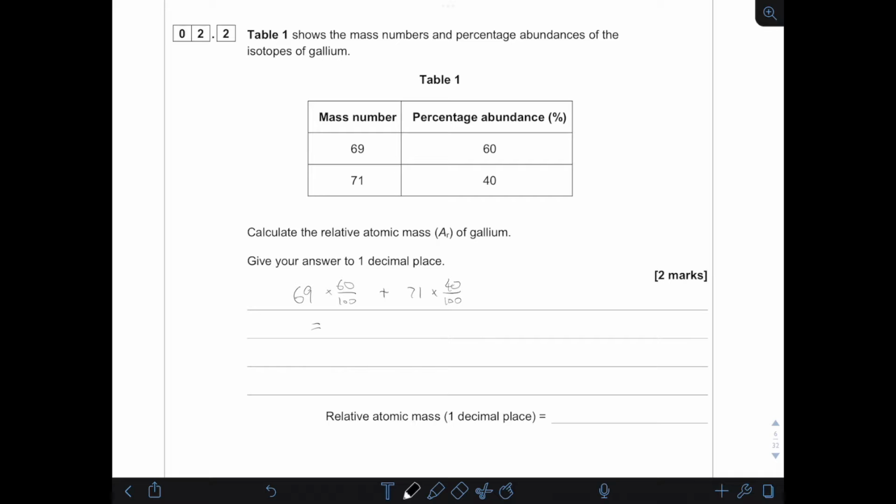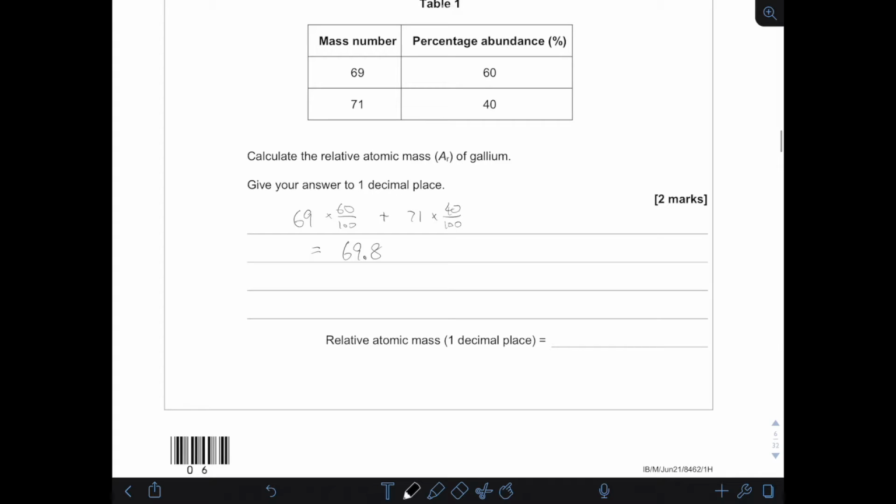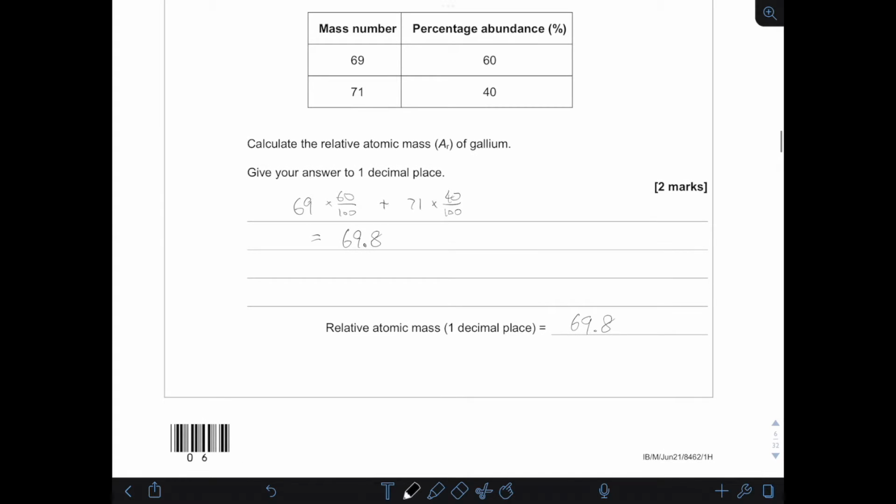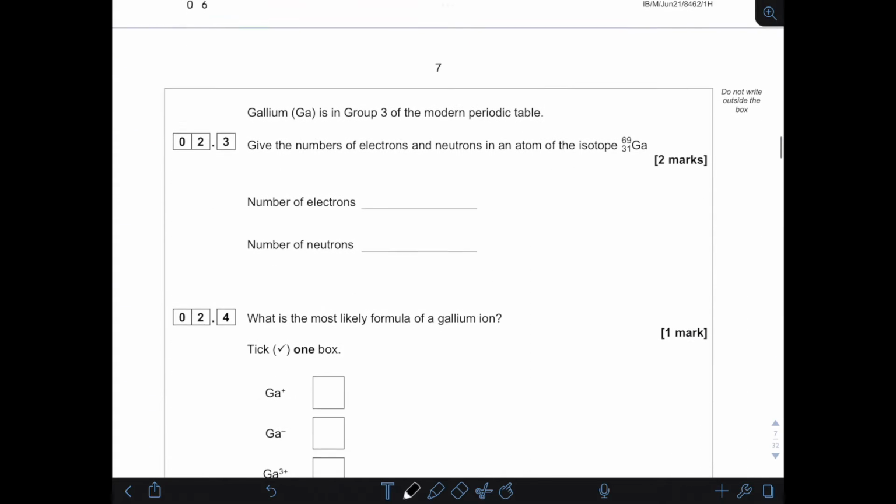And this is when I need to go find my calculator because I'm not prepared. Let's see, 69 times 0.6 plus 71 times 0.4 gives me 69.8, which is the RAM. And that's as simple as this question goes, I guess.